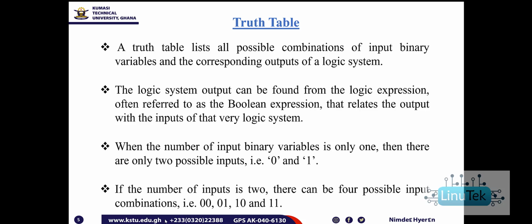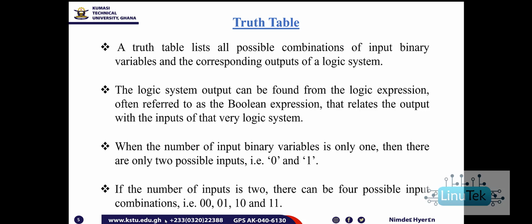So when we talk about a logic system, which will normally give us an output which we term as a Boolean expression, depending on the number of bits that are at the output, we would normally have a certain number of bits in the input that will give us certain possible combinations that will result in a certain output.